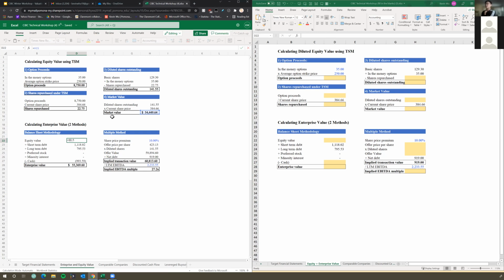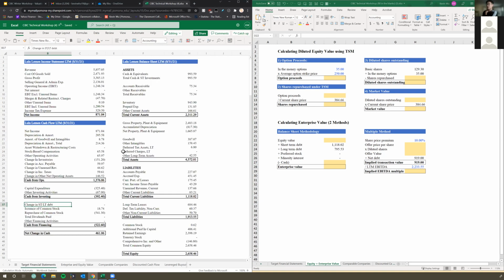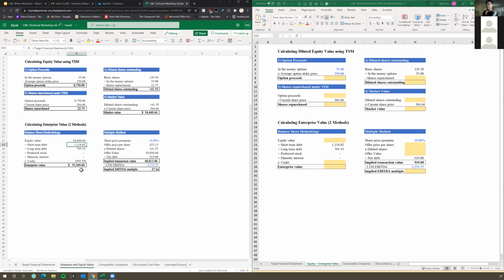So after we get that information, we take out things we find from the financial statements. So there'll be some cross sheet connections here, just verbatim based off the equation for how we calculate enterprise value, working through the different numbers found on the balance sheet, and then ending up with our enterprise value.